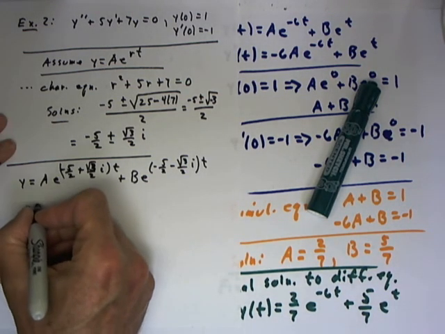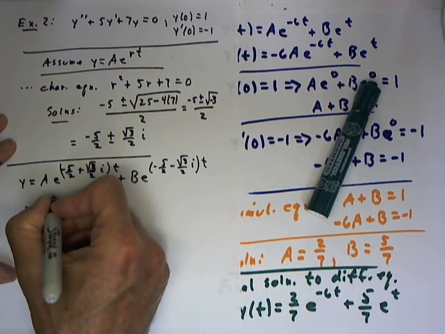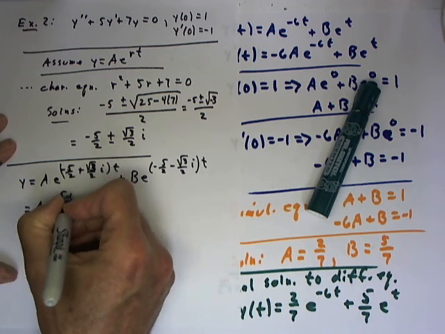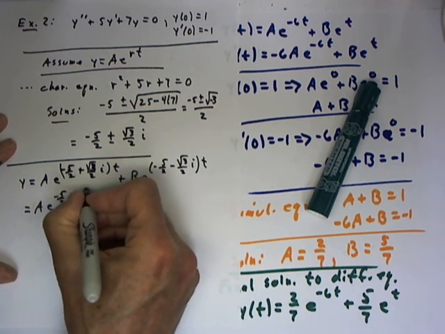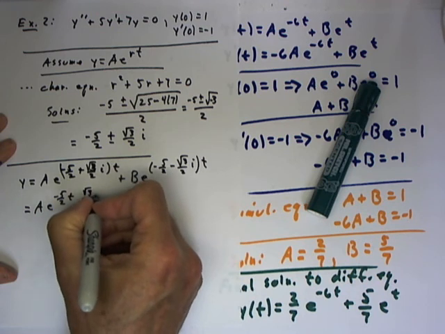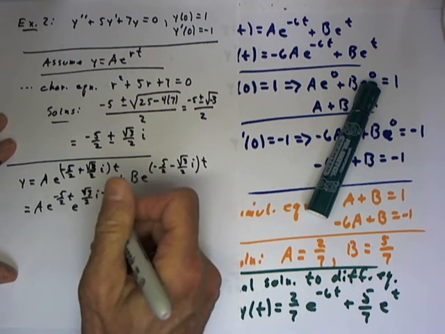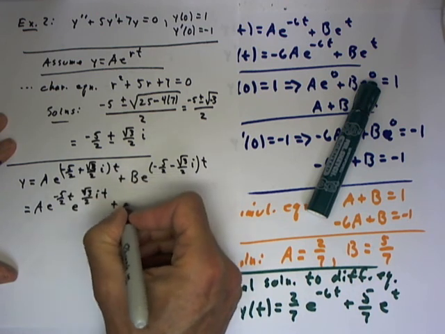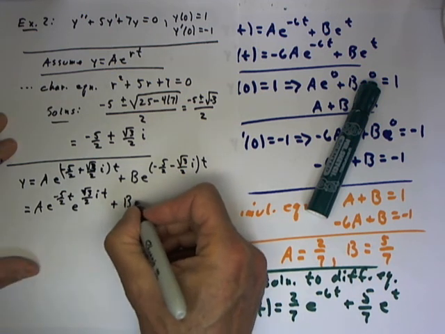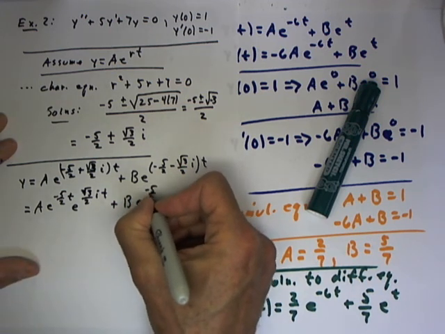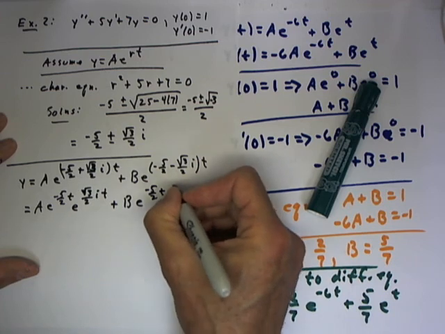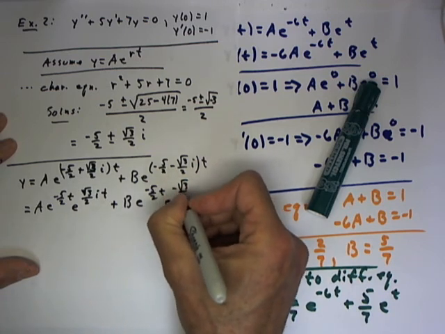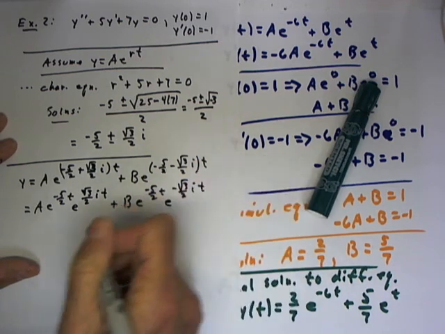Applying the laws of exponents, we have a e to the negative 5 halves t times e to the square root of 3 over 2 it, plus b e to the negative 5 halves t times e to the negative square root of 3 over 2 it.